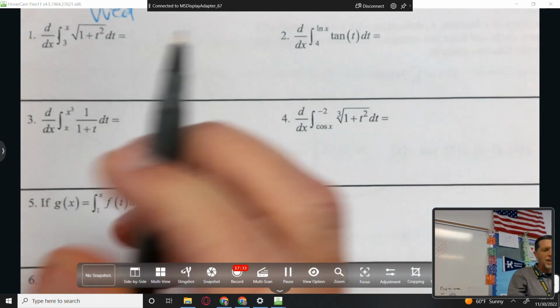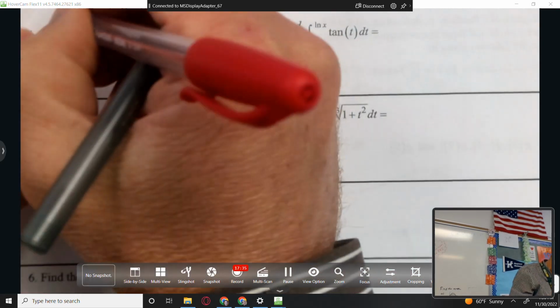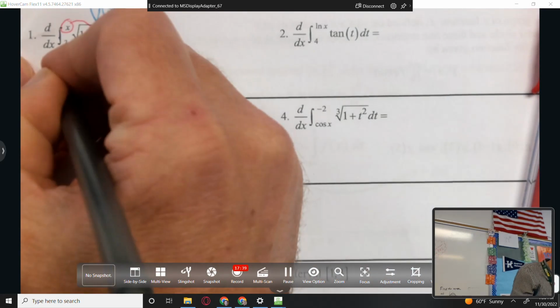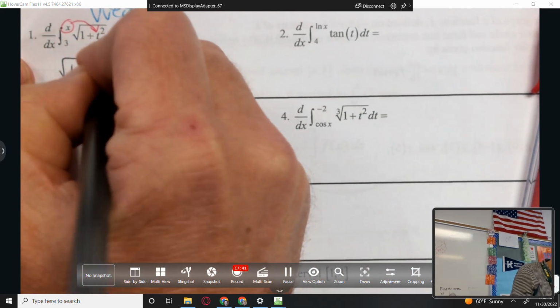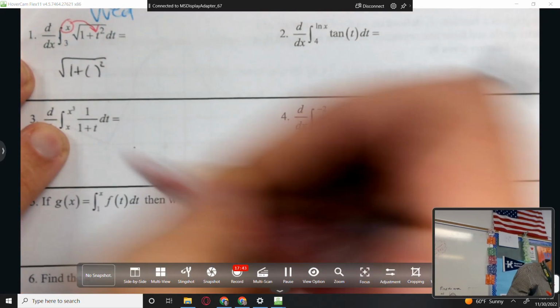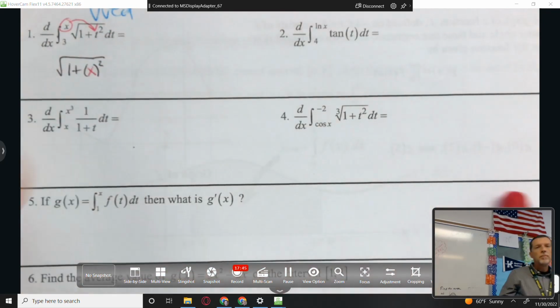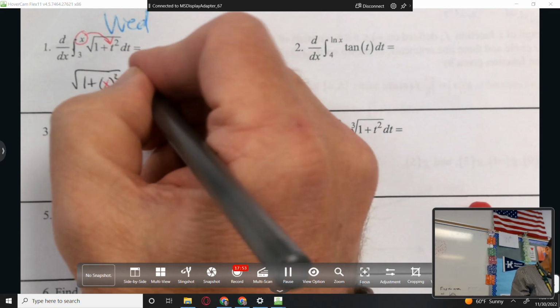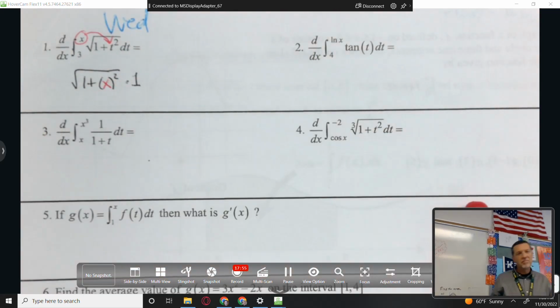Like, oh yeah, that means they cancel each other out. So all I have to do is plug in the top. And I guess it's probably safer to think about chain rule every time. So what's the derivative of x? 1. So if we forgot the chain rule on that one, we'd be fine.